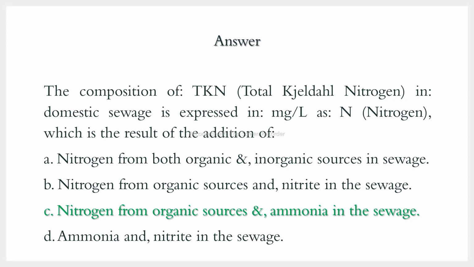Most of the organic sources, like plants, the leguminous plants, take nitrogen from the air and put the nitrogen in the soil. So all these nitrogens are basically ammonia and organic nitrogen only. They are represented with the help of TKN, but the inorganic and nitrite forms are separate.